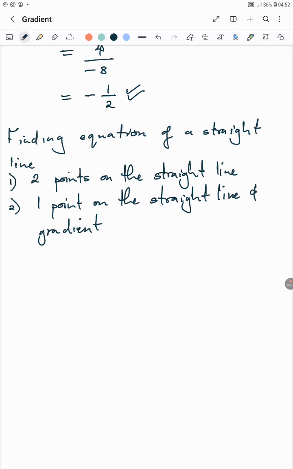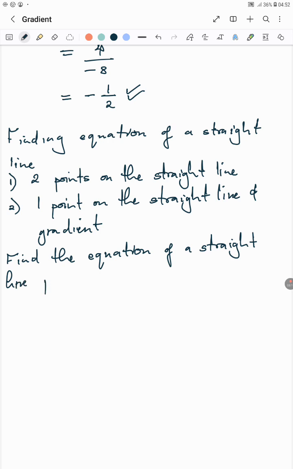Let's say you have a question that says find the equation of a straight line passing through (2, 4) and (1, 1).